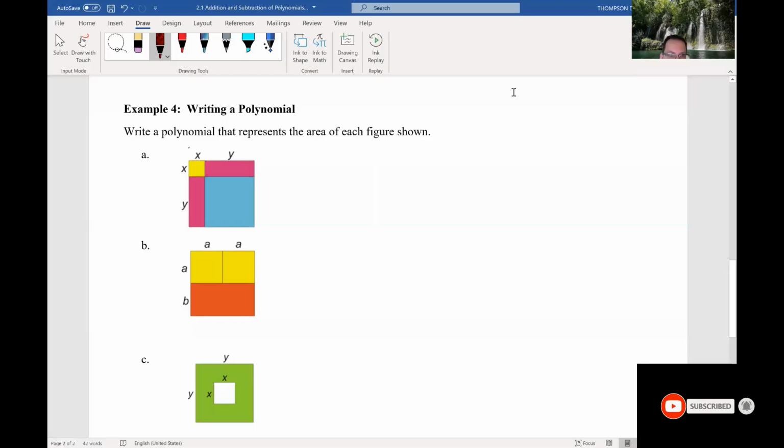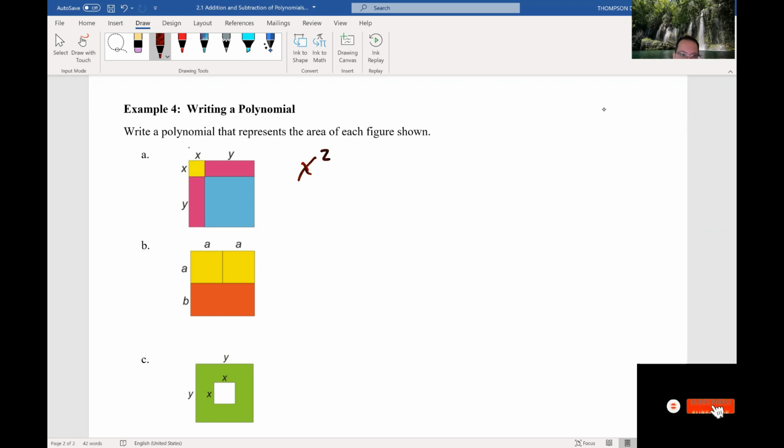In the next several examples, we're going to write a polynomial that represents the area of the following figures. So in the top one, in A, we have a yellow square, which is x by x, so this will be x squared. Then we have a pink rectangle, and there's two of them.